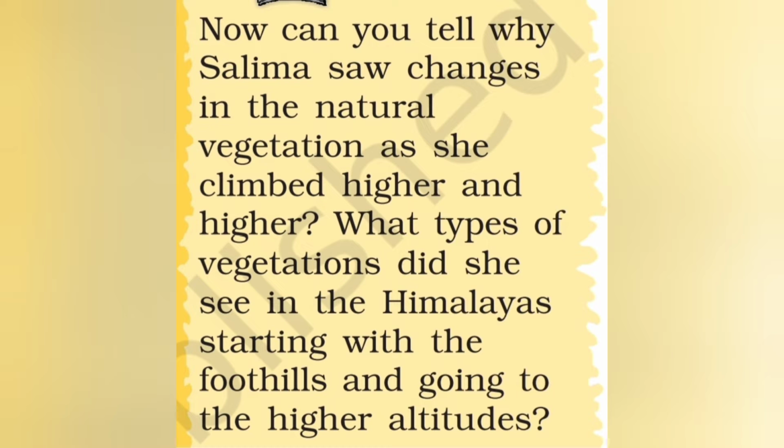Let's do. Now can you tell why Salima saw changes in the natural vegetation as she climbed higher and higher? What types of vegetation did she see in the Himalayas starting with the foothills and going to the higher altitudes?